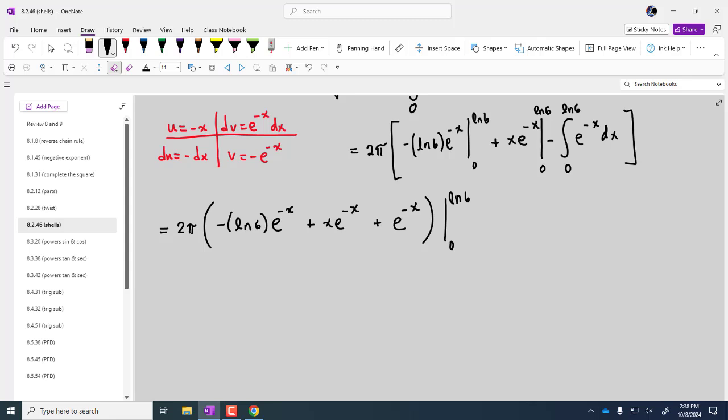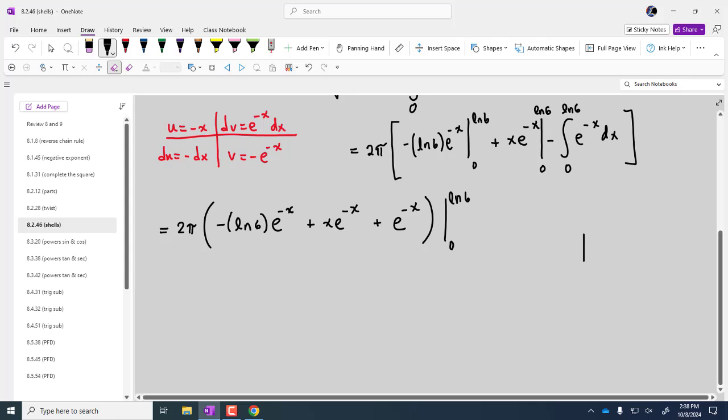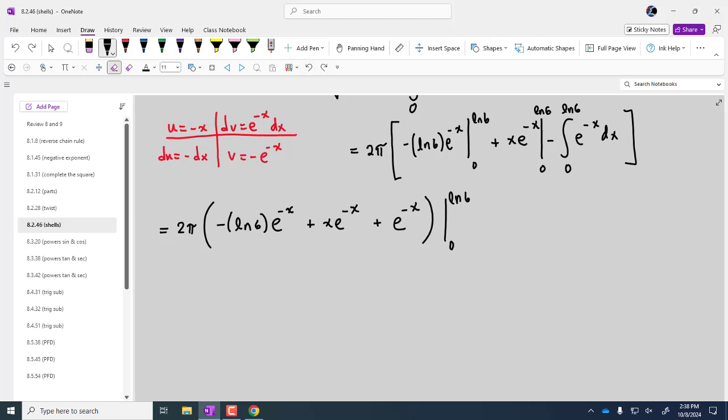So that integral of e to negative x. What happens to that minus sign over there? When we divide by negative 1, the integral of e to the minus x is itself divided by negative 1. So it says v is equal to negative e to the negative x. So is that supposed to be inside there? So this is uv right here.